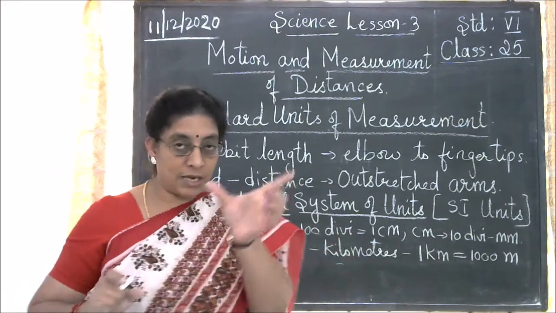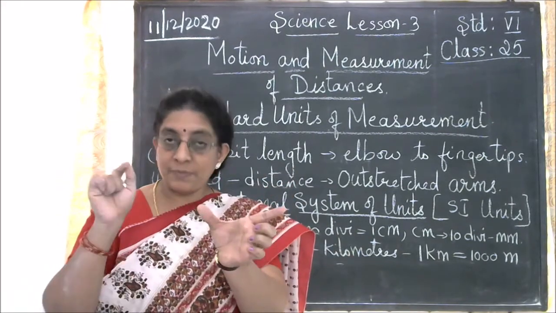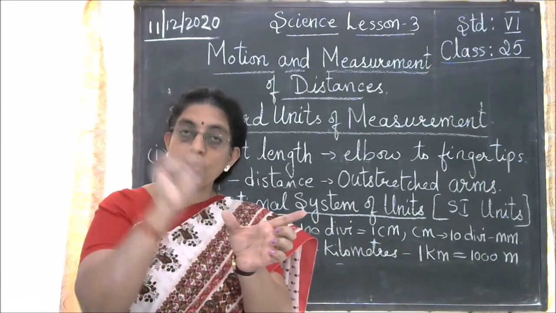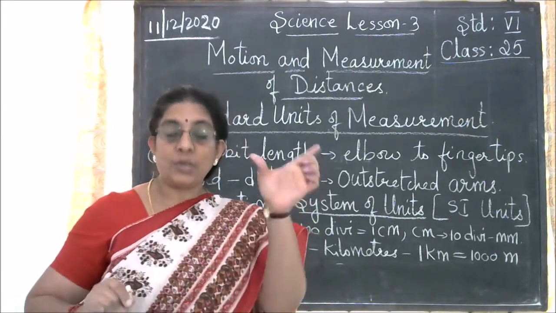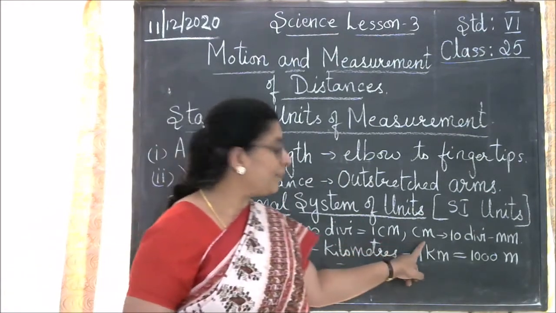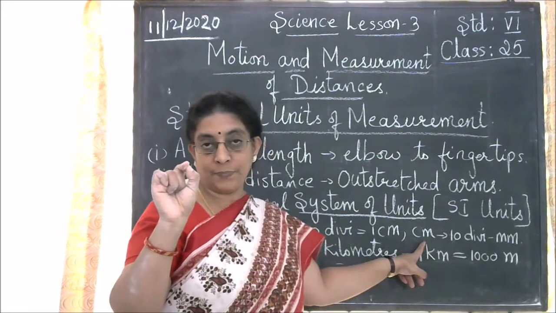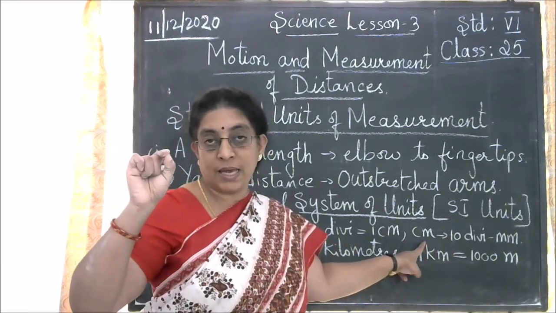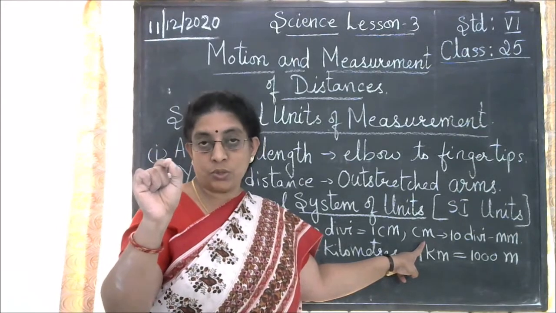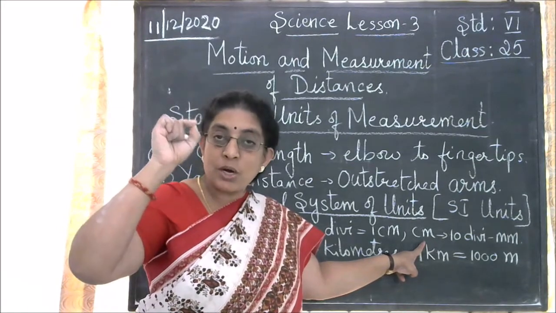If you take your ruler, you will know. From 0 to 1 it is 1 centimeter. From 1 to 2 it is 1 centimeter. So like that they use this type of measurement. And then in 1 centimeter, from 0 to 1 or from 1 to 2, you can see there are small markings.